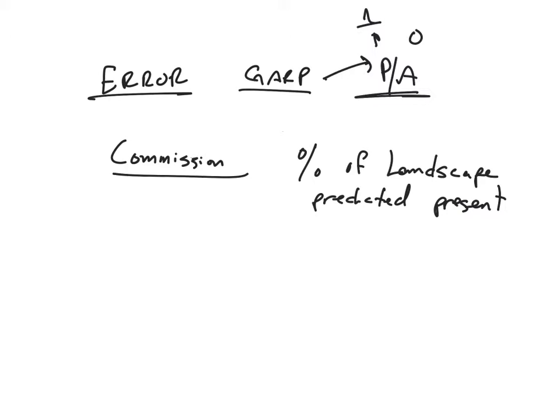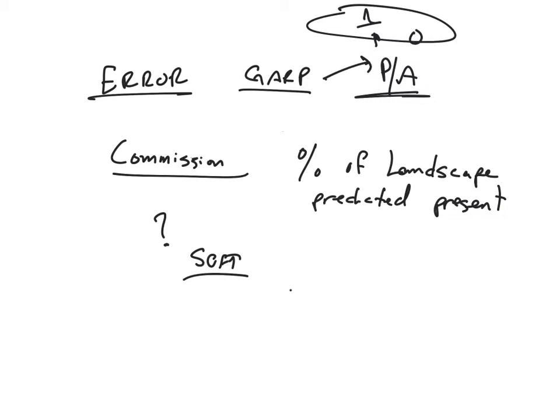When you watch the best subset videos, you'll see how these multiple models are added up to produce a map of habitat suitability or potential species distribution. Okay, so it's the percentage of the landscape predicted present. Now keep in mind that we don't know the distribution of the species. That's why we're running the niche models. So how much of the landscape should we predict? We don't know. So commission is a soft error or not a hard error. We don't know what the ideal commission should be.